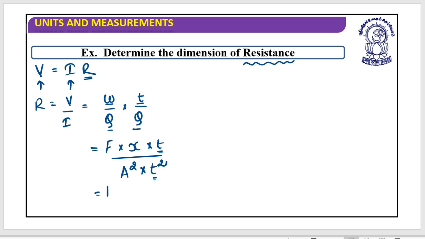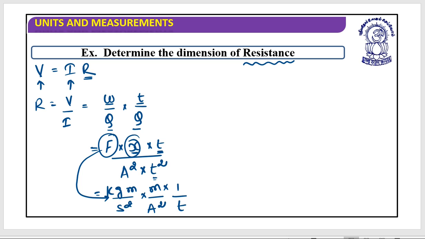Force is kg meter per second square, multiplied by x, which represents meter. On the upper side it would be T only, and below it is T square.